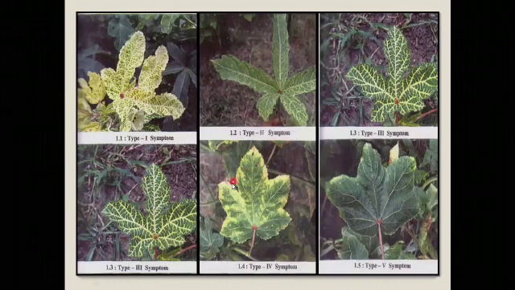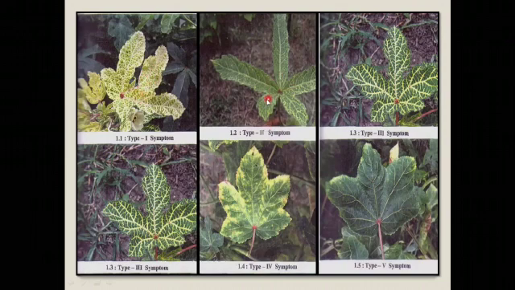Okay, so you also see these other pictures regarding the yellow vein mosaic symptoms seen on bhendi crops. In the first picture, about 80 to 90% of the leaf area is infected by the virus and showing yellow color.